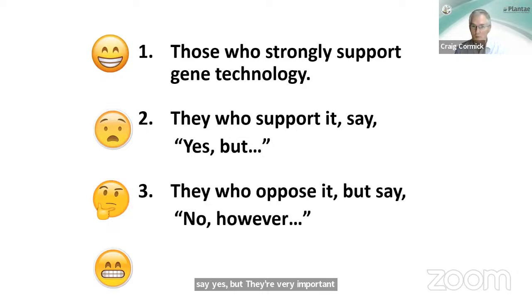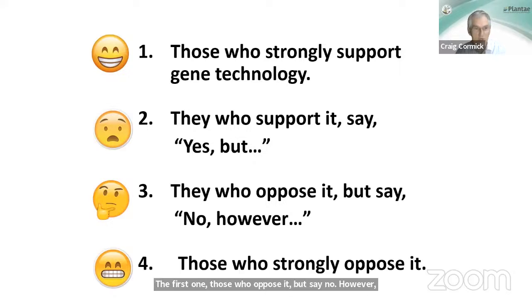The next one, those who oppose it but say no, however, they're also a very important group to reach. And those who strongly oppose it, they also are a group we often spend a lot of time engaging with because we're seeing them as the oppositional groups we need to engage with. But they're not the actual important public because they almost never change their mind. So yes, you need to engage with numbers 1 and 4, but you don't need to over-engage with them and use all your energy in those spaces.